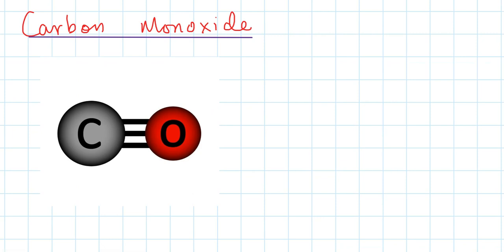The carbon monoxide molecule has one carbon and one oxygen atom covalently bonded by 3 bonds, and also in this case the electropositivity of carbon is greater as compared to the oxygen, which is more electronegative as compared to the carbon atom.